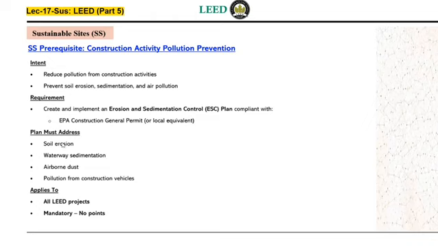The plan must address soil erosion, waterway sedimentation, airborne dust, and pollution from construction vehicles, and it applies to all LEED projects. Means any new construction or renovation project needs this prerequisite, Construction Activity Pollution Prevention. So it is mandatory and it has no points.